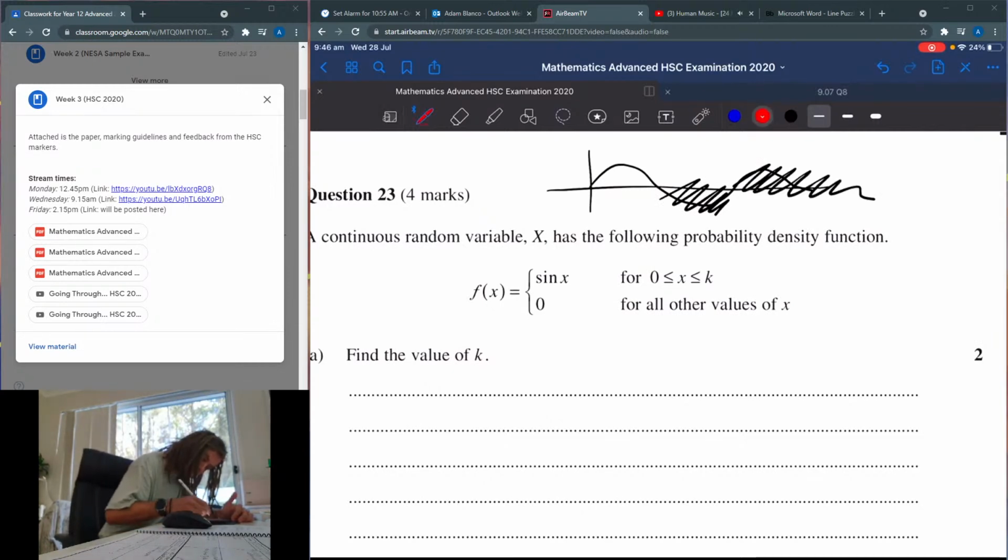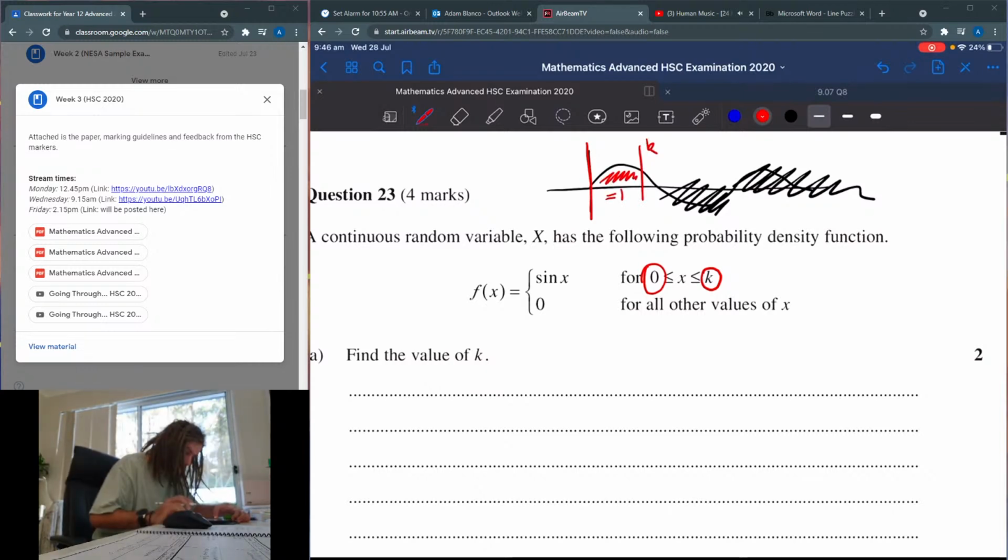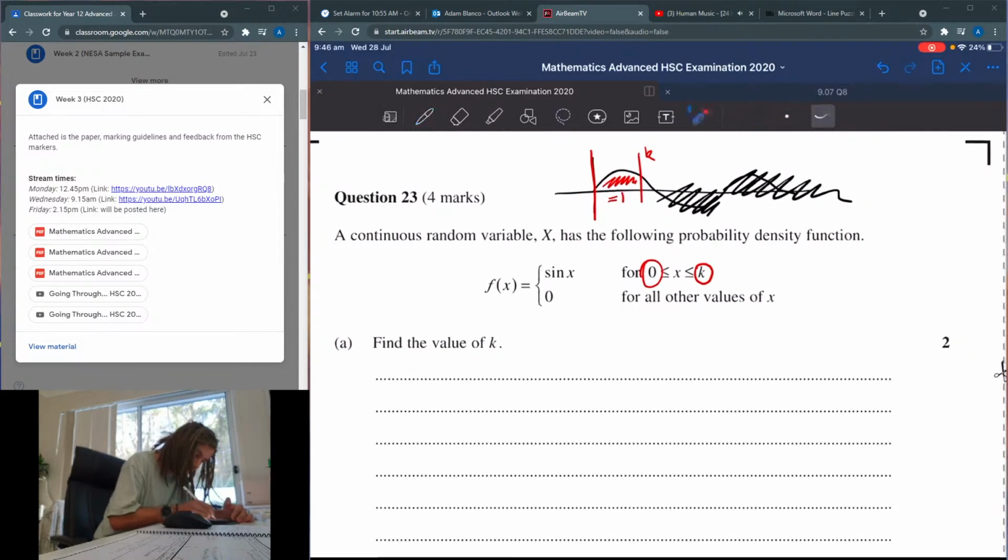It starts at 0, so here, and I want to find the value of k such that this area is equal to 1. So basically what I'm going to do is integrate sine, find the area under the curve between 0 and something, and that should equal 1. So that's the play.